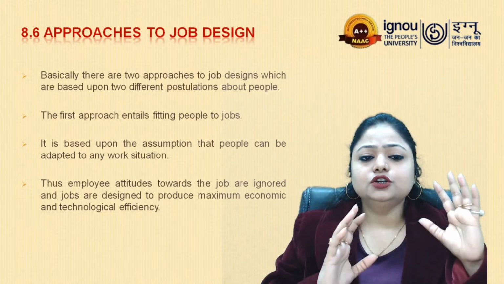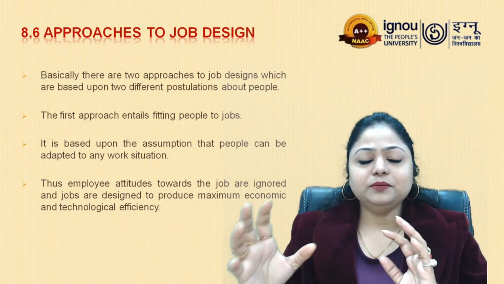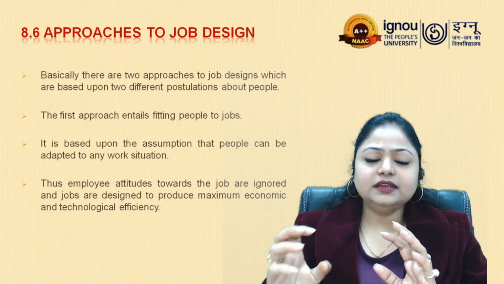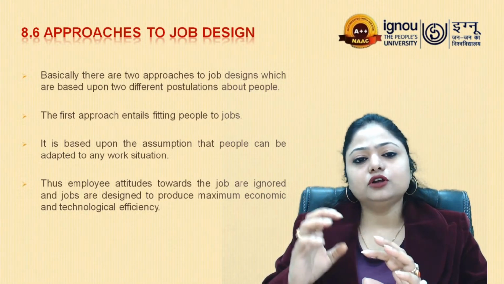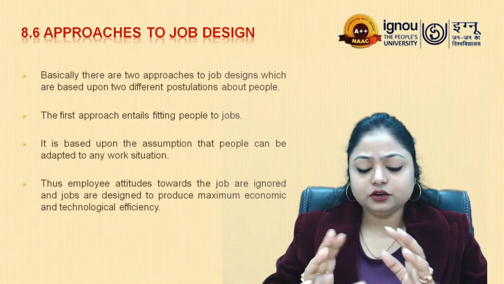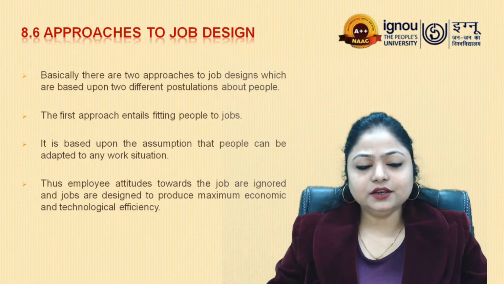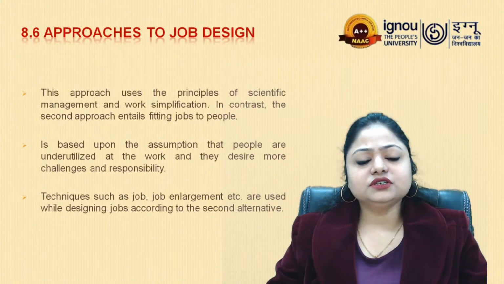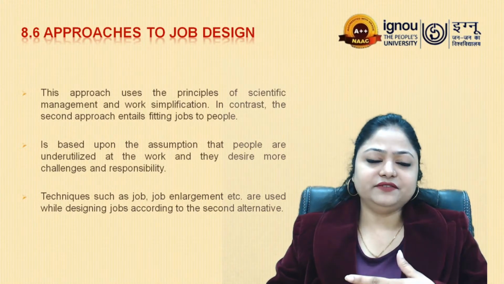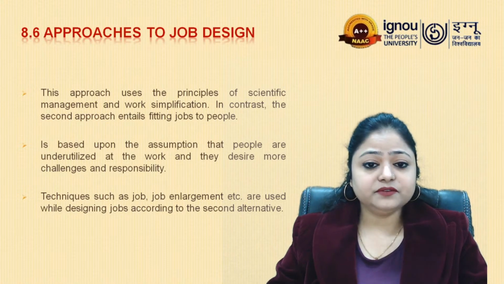So first jobs are designed and then people are screened and selected on the basis of those particular jobs. So it is one of the approaches to design a job. This approach uses the principles of scientific management and work simplification.